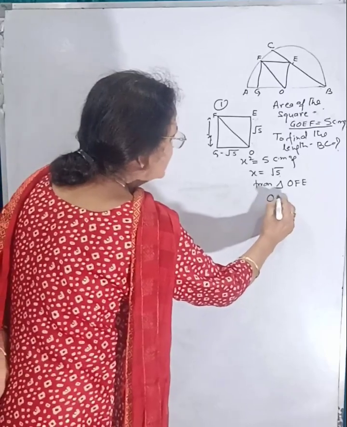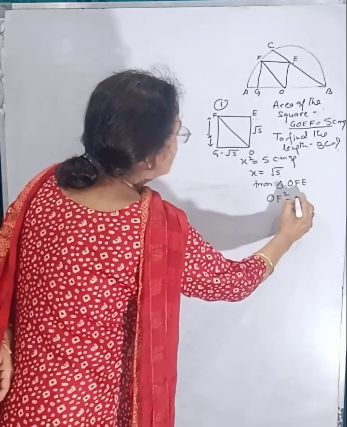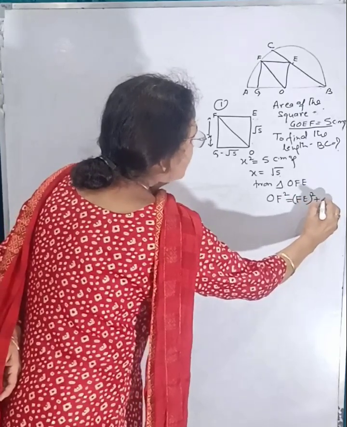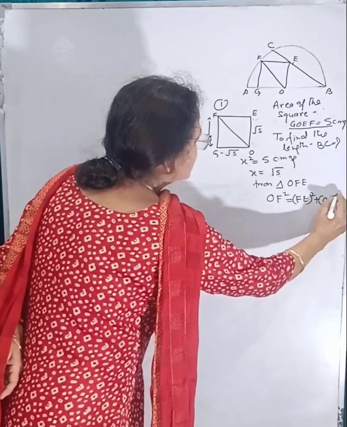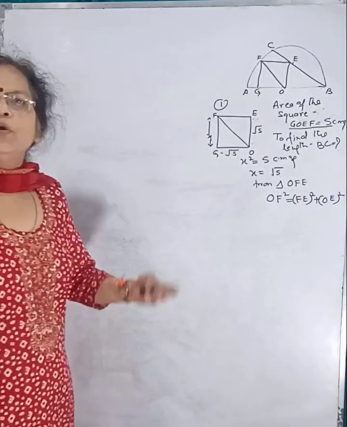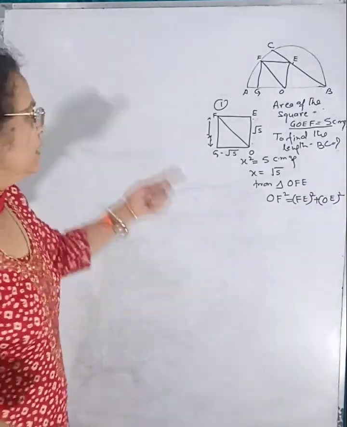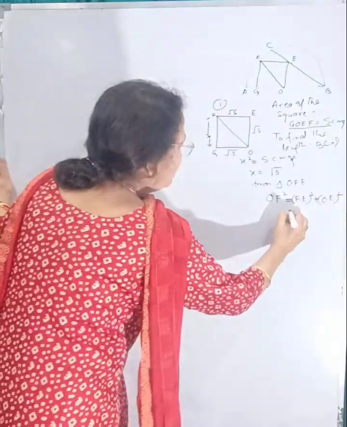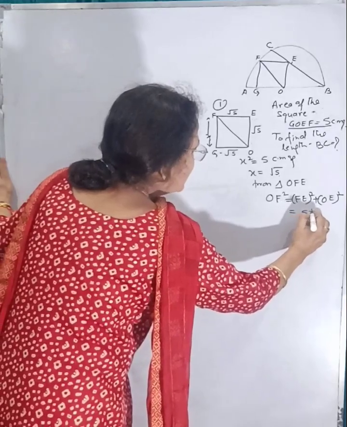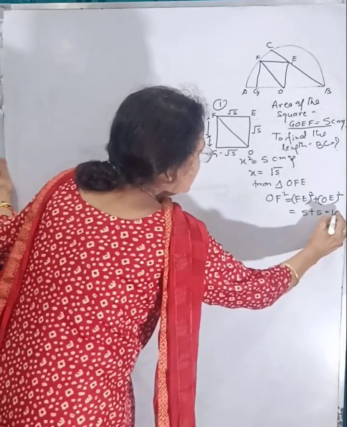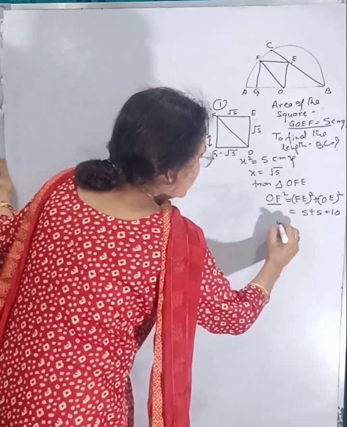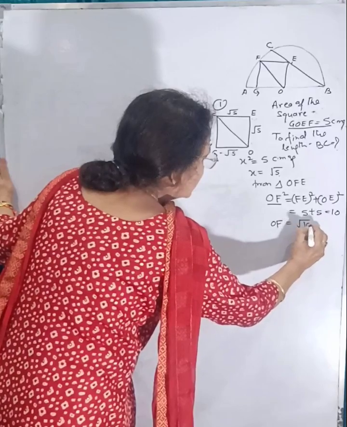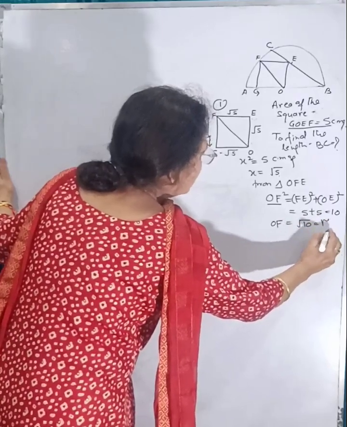OF square will be equal to FE square plus OE square. Because FE and OE are the sides of the square, both are of root 5, OF square will be equal to 5 plus 5, that is 10. It means OF will be equal to root of 10.